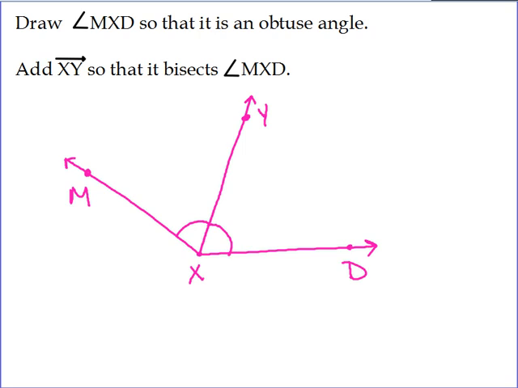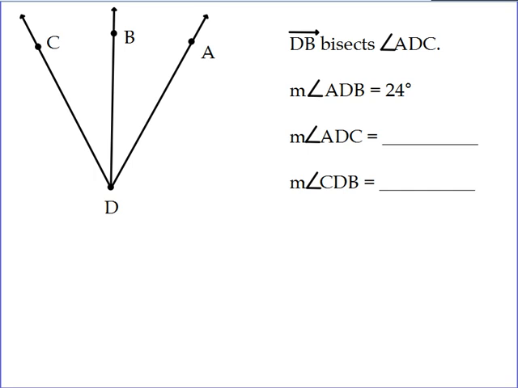Alright, so now let's get into some problems. So, it's telling me that DB bisects ADC. So DB, here's my ray, right there, and it bisects the angle ADC. So it's cutting this angle in half. Then it tells me that ADB, that would be the right side here, ADB is 24 degrees.